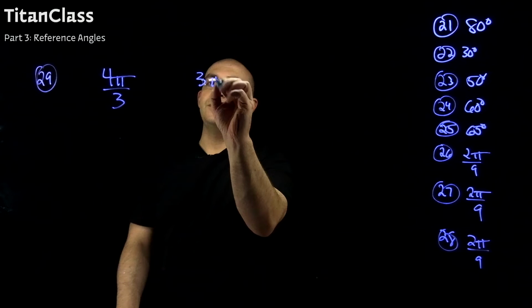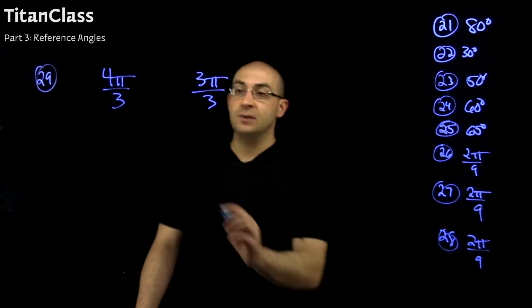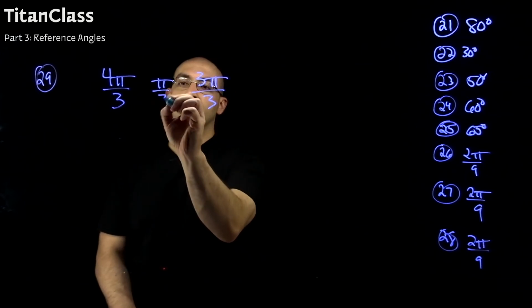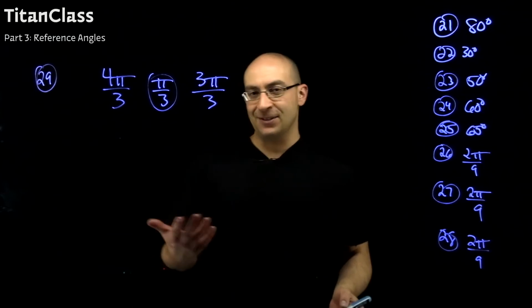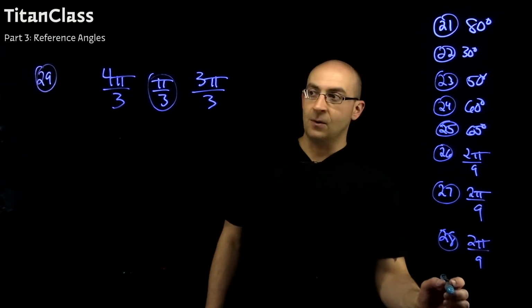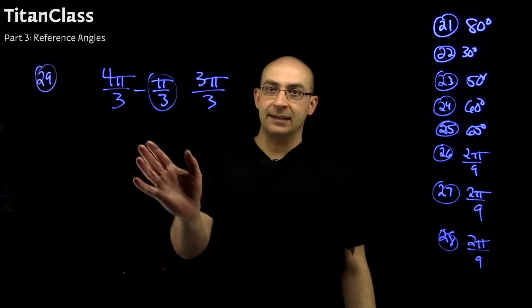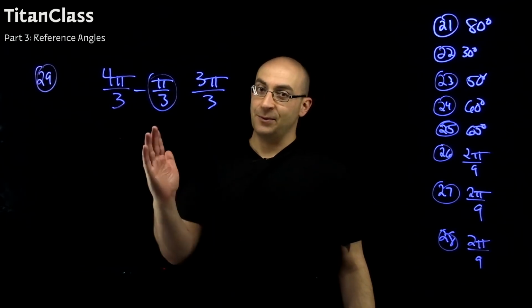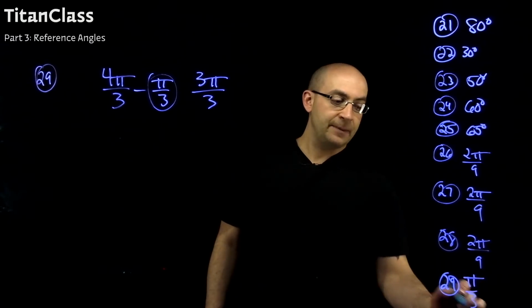So what value gets me to 3 pi over 3 regardless of the sign? And that's going to be 1 pi over 3, or just pi over 3, right? Because if I subtracted them, I'd get there. But again, reference angles aren't negative. They're just the positive version of that. I am subtracting it, but subtracting it just means I'm going the other way, right? So this is 29, and this is pi over 3, okay?